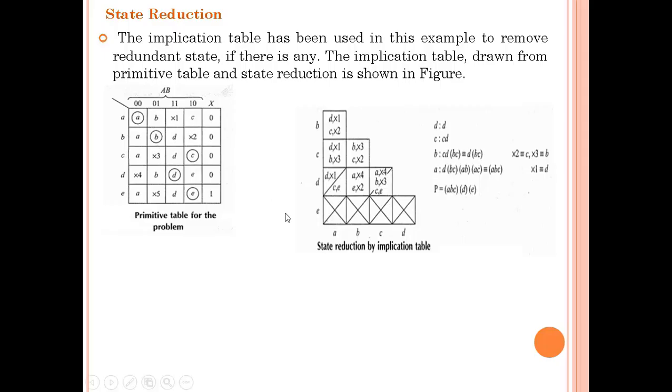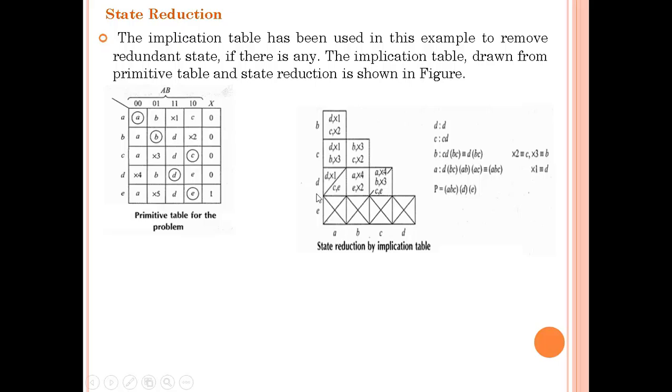Similarly, check the relation between A and C. The output is the same, so they can be equal if B is equal to don't care 3 and D is equal to don't care 1.